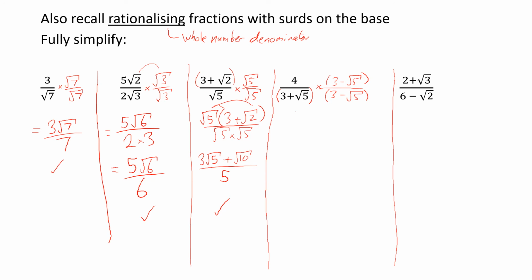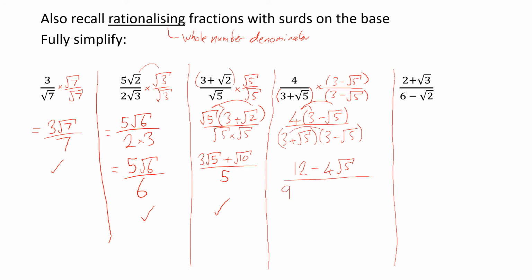So again, let's do top times the top, and bottom times the bottom. So we've got 4 lots of 3 minus root 5, and we've got 3 plus root 5 over 3 minus root 5. Let's expand our brackets. So the first one on top will give us 12 minus 4 root 5. And then the base, we're going to have to be careful here that we don't make too many mistakes.